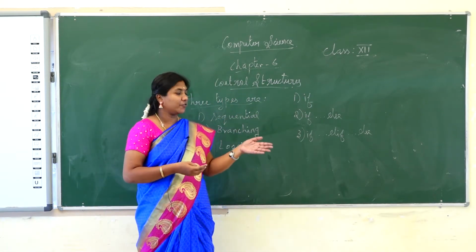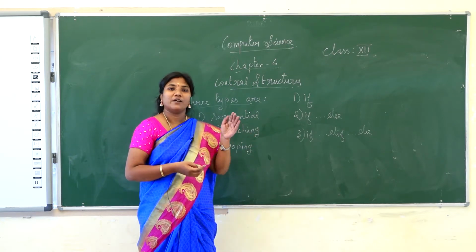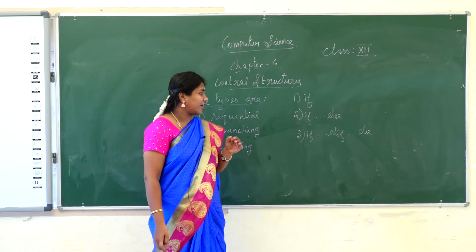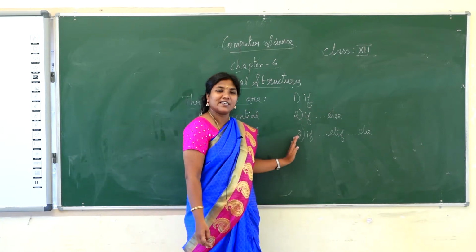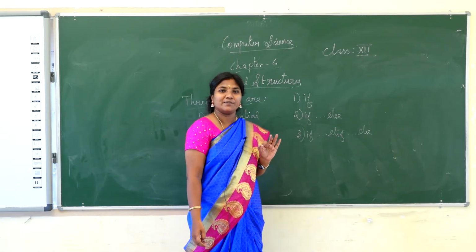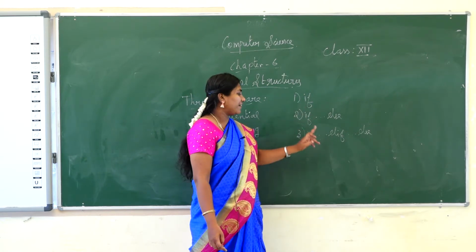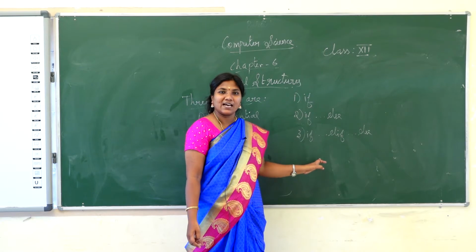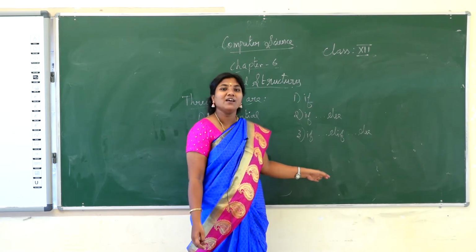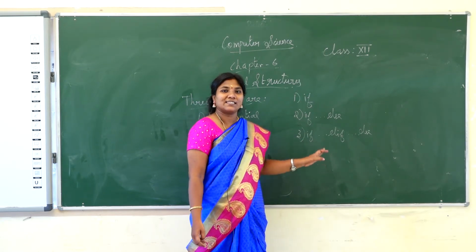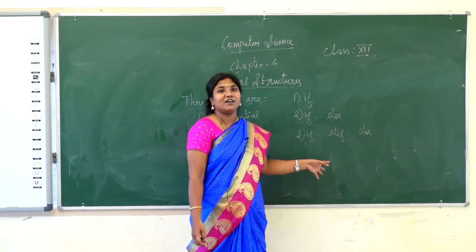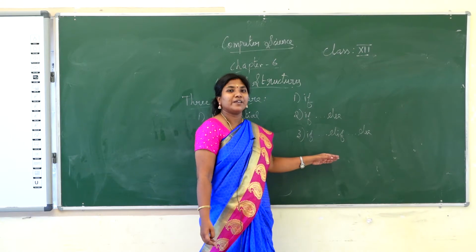You have to jump from one line to the next part of the program, and for that we will be using the branching statements. There are 3 types of branching statements in Python: if, if else, and if elif else. We have seen all these statements last year in 11th standard C++ programming. The same concept and the same purpose, we will be using these 3 statements. Only the syntax and the formation of the code will be different.